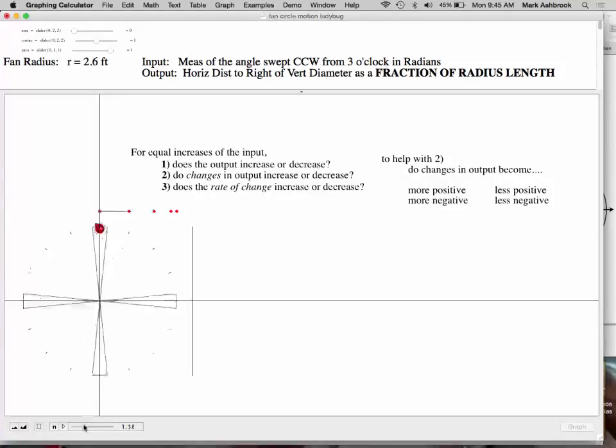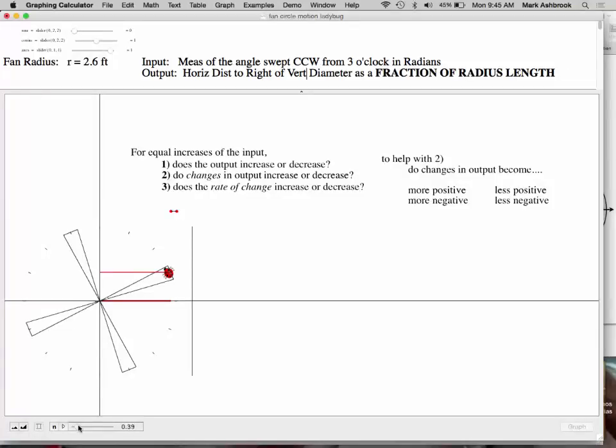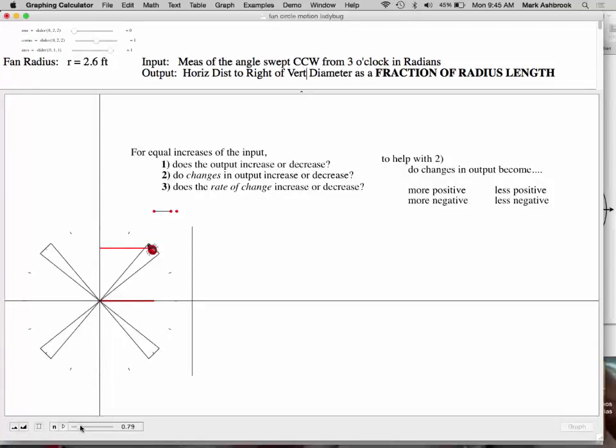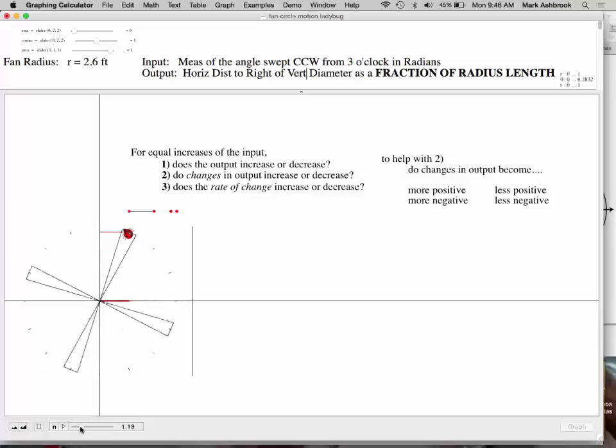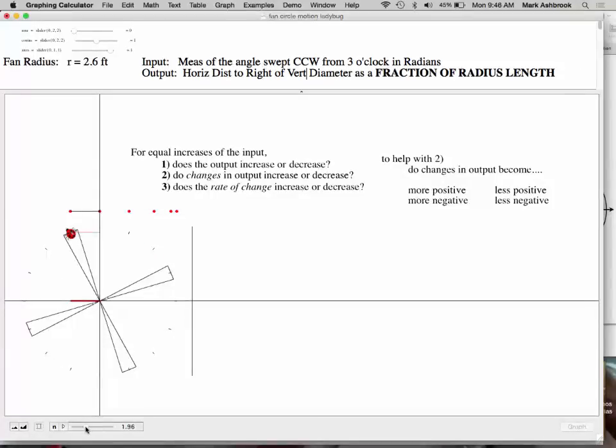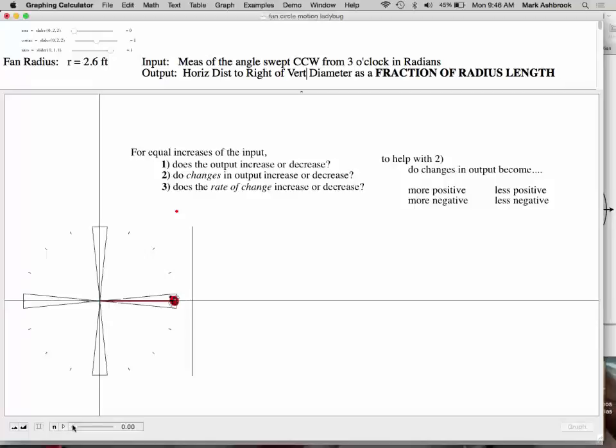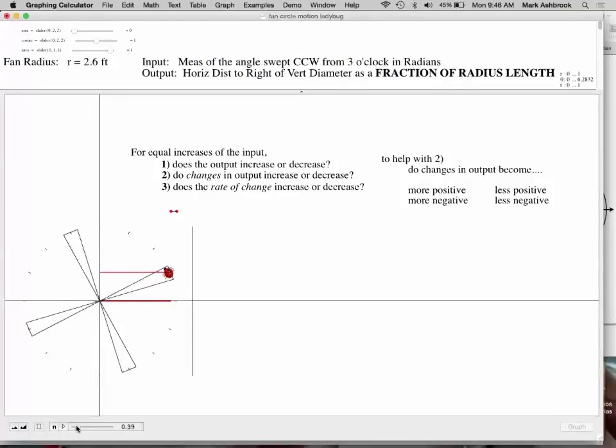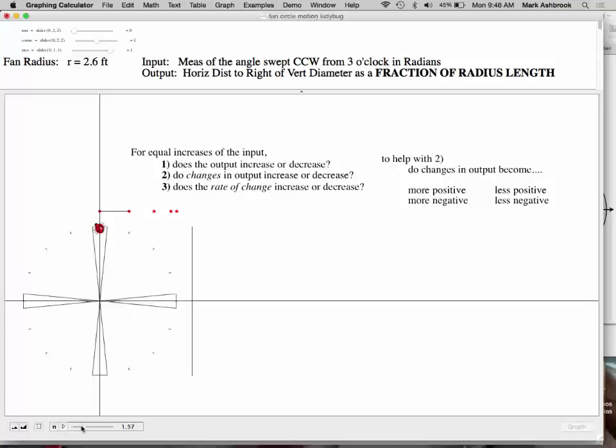Agree with that? Yeah, the changes are to the left, right? Each change is to the left. So that's a negative change. Getting more or less negative? More negative. Changes that get more negative are decreasing. Decreasing, getting more negative, starting from 1 to 0.